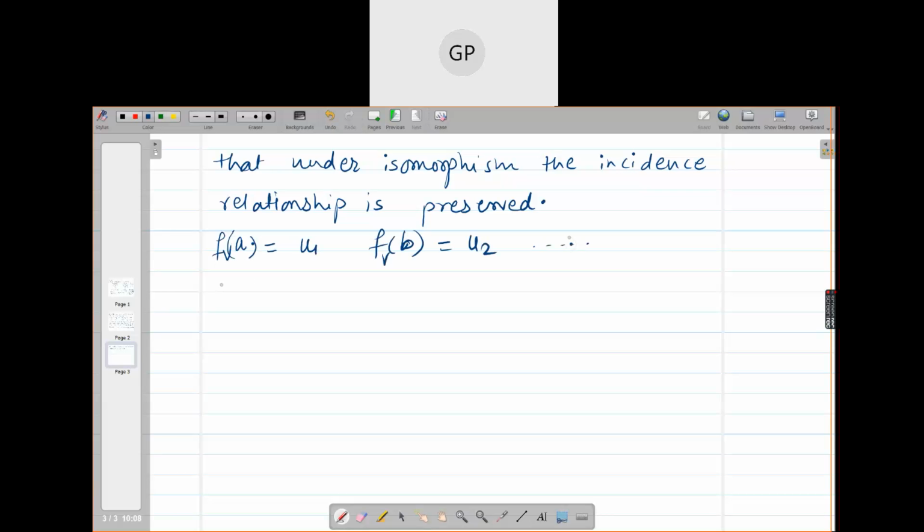So find out the mappings, the image of each vertex from G1 to G2, and find out the image of each edge of G1 in G2. We have already seen the first two conditions, that the number of vertices and number of edges are the same, and the incidence relationship we want to see. So will you complete this part?